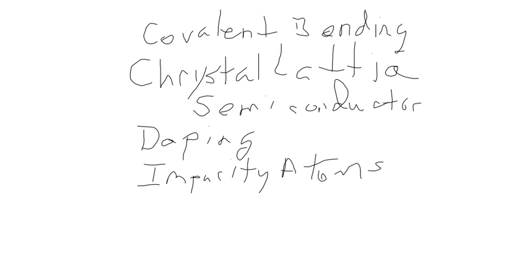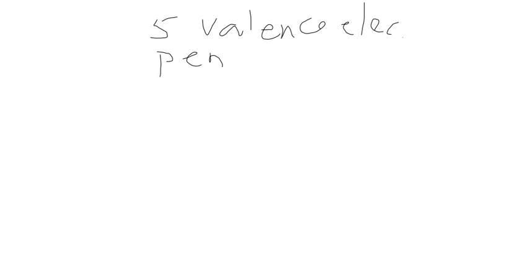First of all, let's take an example of an impurity atom that has, instead of 4 valence electrons like silicon, 5. We call those pentavalent atoms. Penta means 5.